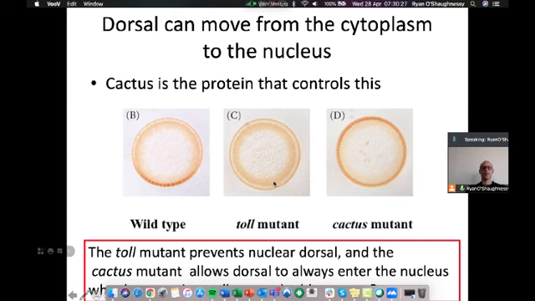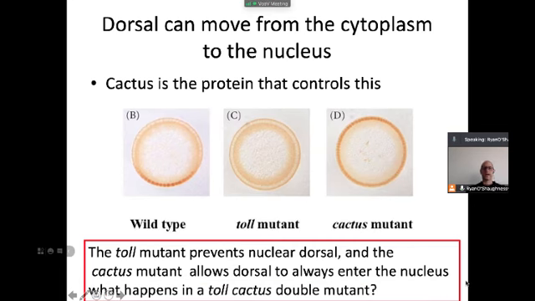In our toll mutant we see no nuclear dorsal, so the toll mutant prevents nuclear expression of dorsal, whereas in our Cactus mutant, without this gene Cactus, we get nuclear expression of dorsal throughout the developing embryo.